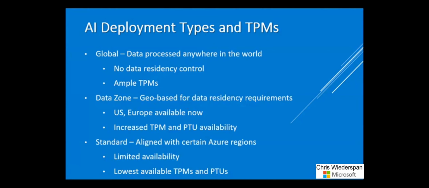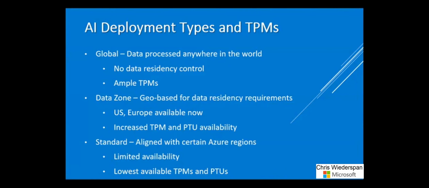It's easier to get quota in a global zone. Like we'll give you, I think, 1 million tokens per minute if you're willing to deploy in that global model. If you're using the data zones, it's less. I don't know what it is off the top of my head. Let's call it 500K tokens per minute.